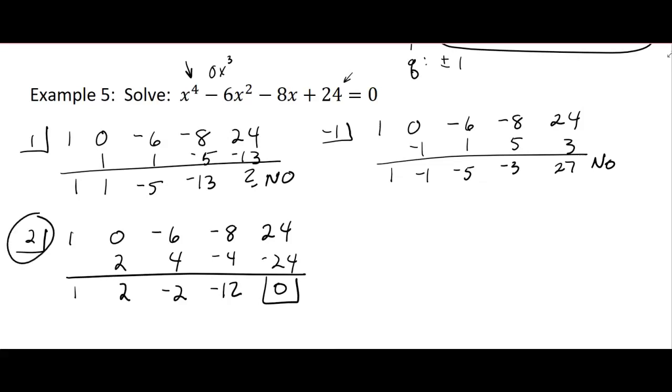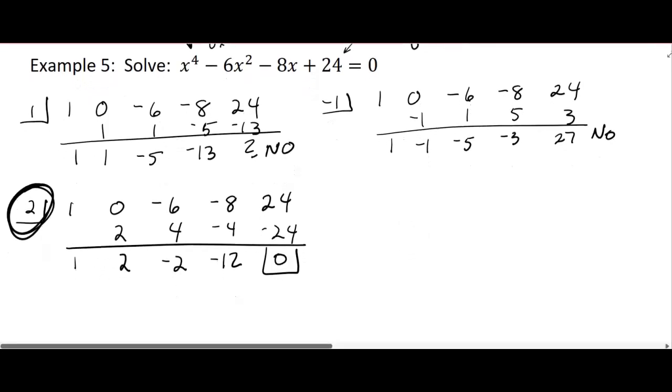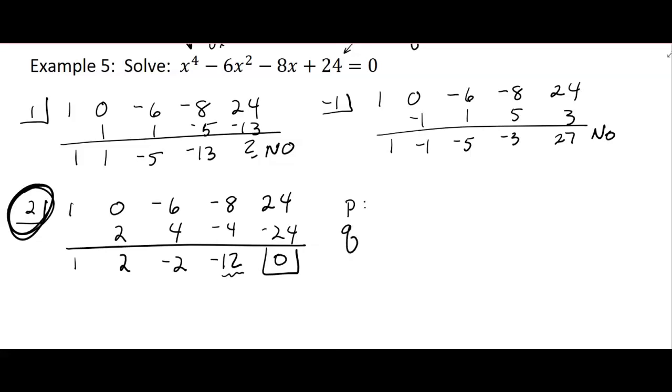Okay, now here's what we have to do. We've got one of the zeros. So yay, we know 2 is a 0. So what do we try next? Well, you've got now a -12, right? So what are the possibilities? What are the P's and the Q's? The P's are plus or minus 1, plus or minus 2, plus or minus 3, plus or minus 4, plus or minus 6, and plus or minus 12.